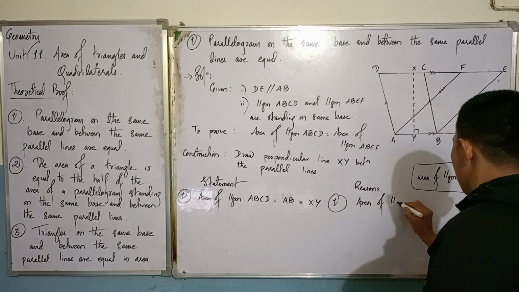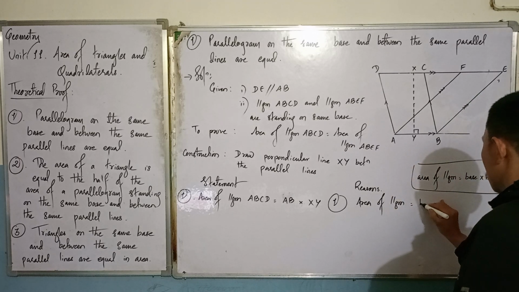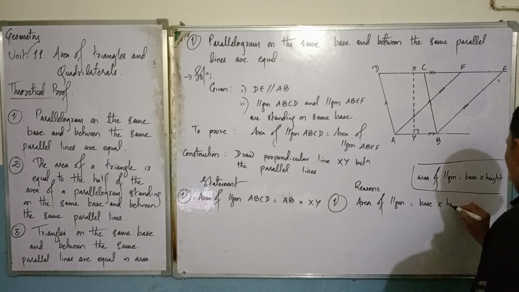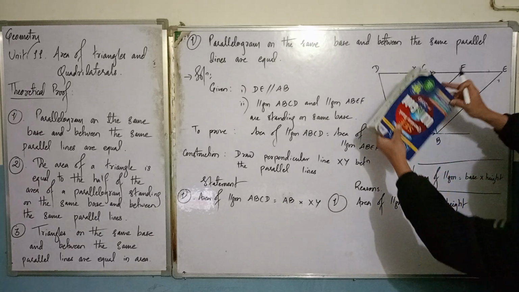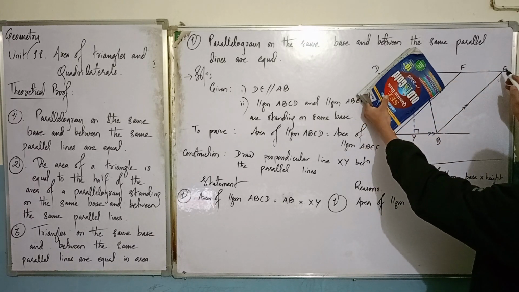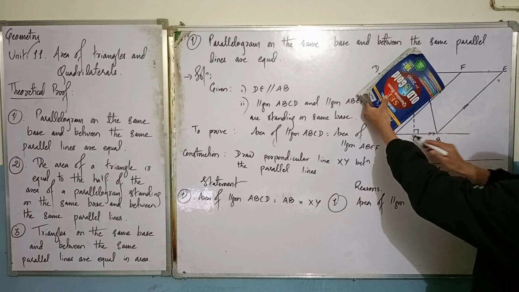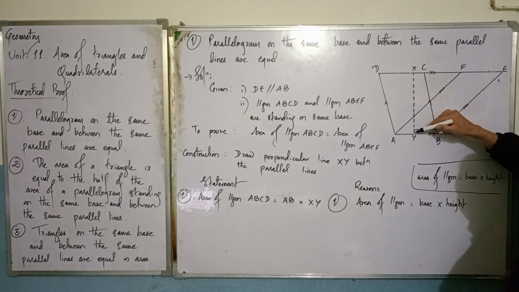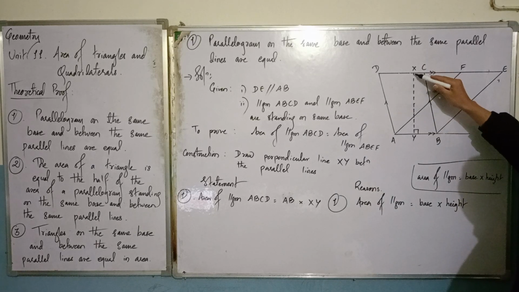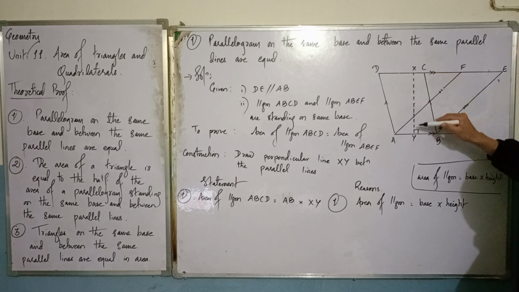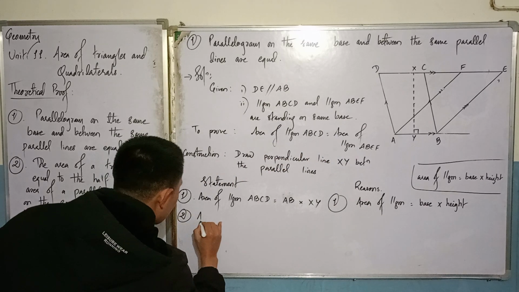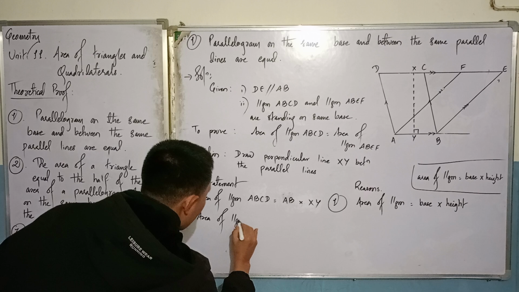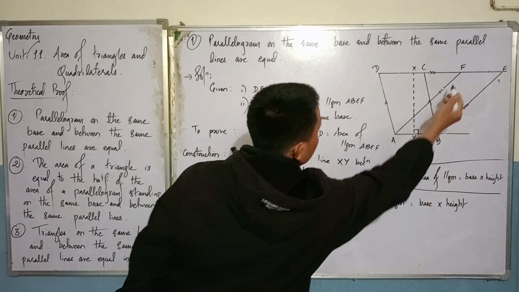Area of parallelogram will be base into height. Okay, now in the same way, let's go for parallelogram ABEF. For parallelogram ABEF, the base is AB and the height will be the same, XY. The height will be the same for both parallelograms, that is XY. So in number 2 you write here: now the area of parallelogram ABEF.